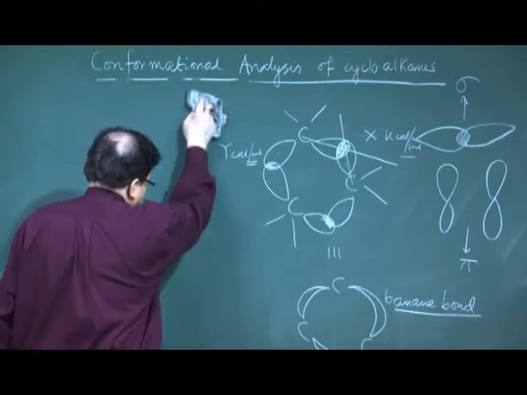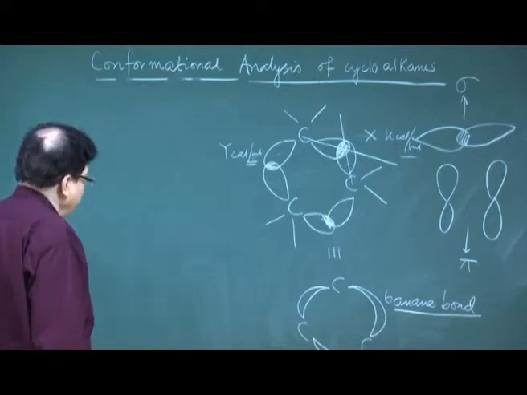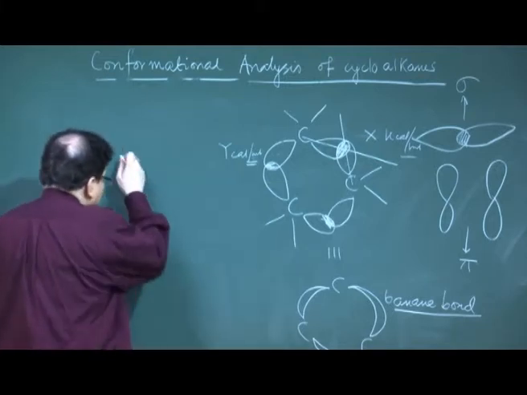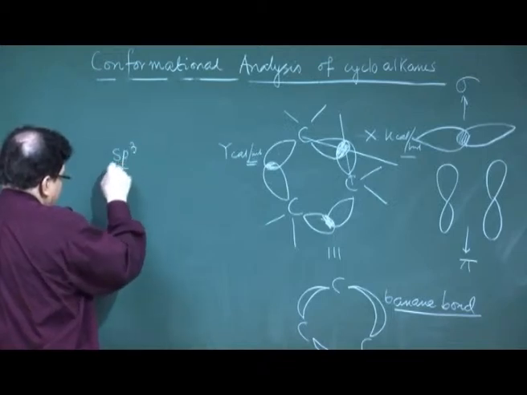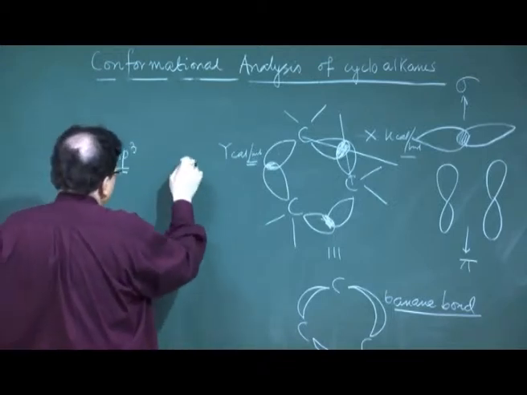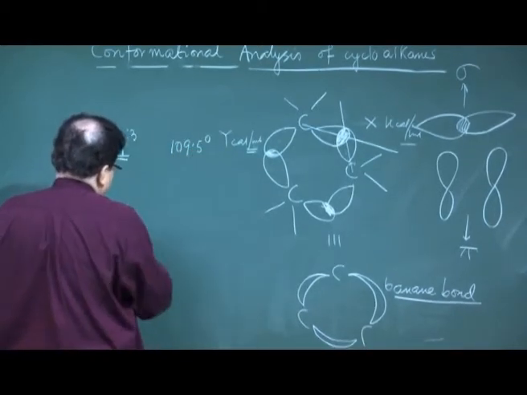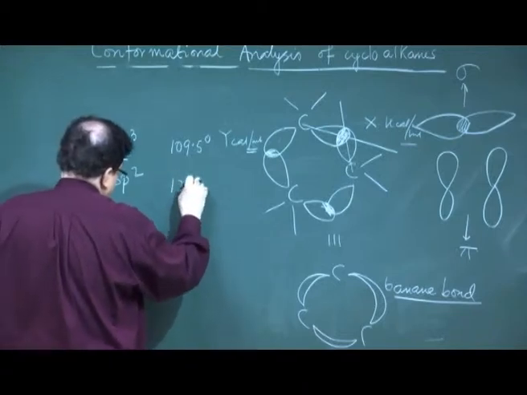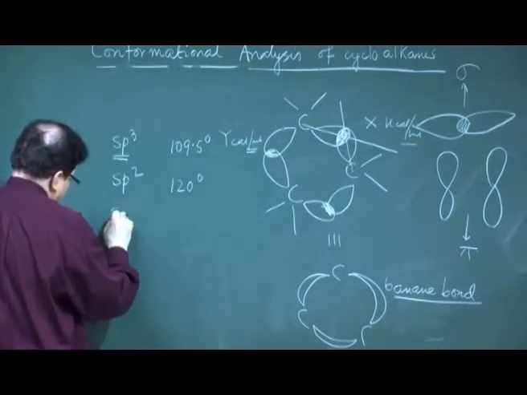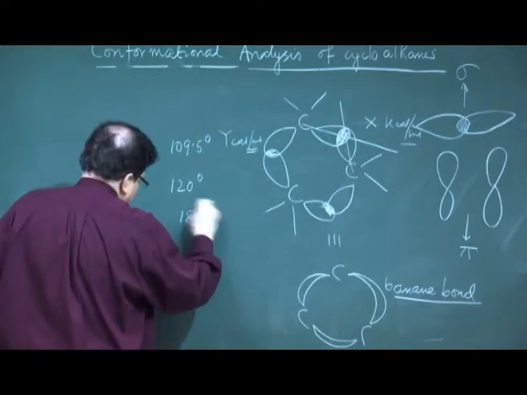This is the modern day concept of cyclopropane. You know that if a carbon is sp3 hybridized, then the bond angle becomes 109.5 degrees. If it is sp2 hybridized, then the bond angle is 120 degrees, and if it is sp hybridized, the angle becomes 180 degrees.